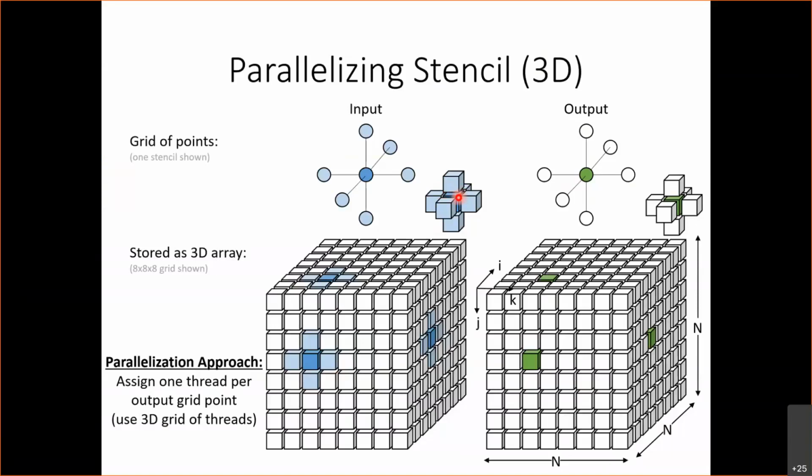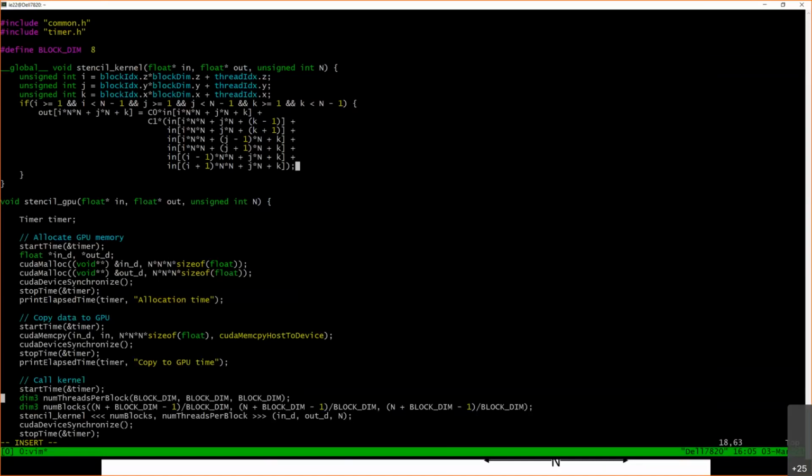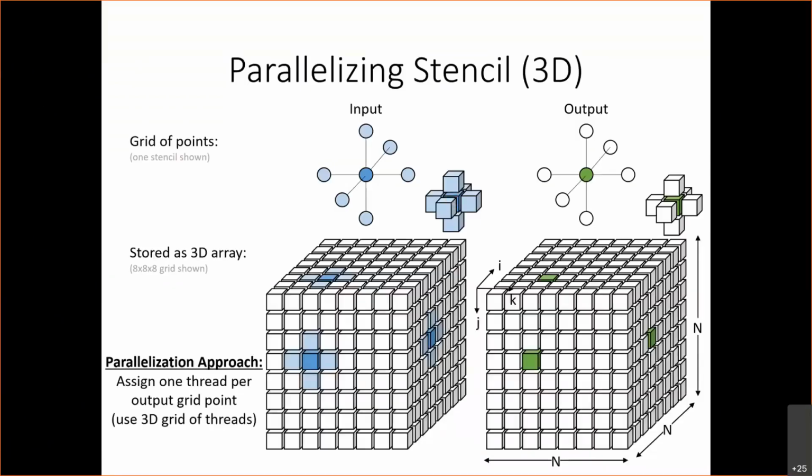Okay. Sir, I have a question. Yes. If we have more than 7 elements around the input, do we have to write all the indices, hard code them, or is there another way, like a formula or something? Yeah. So typically, yes. If you have something like a 13-point stencil where you want 2 elements in each dimension, which exists, then yes, you would have to hard code all of those.